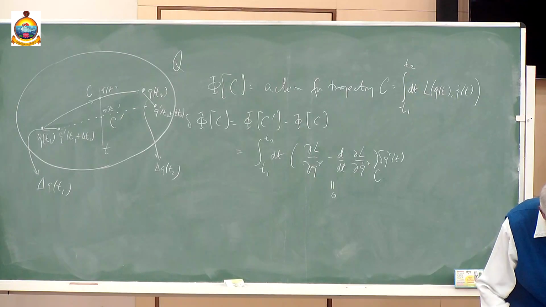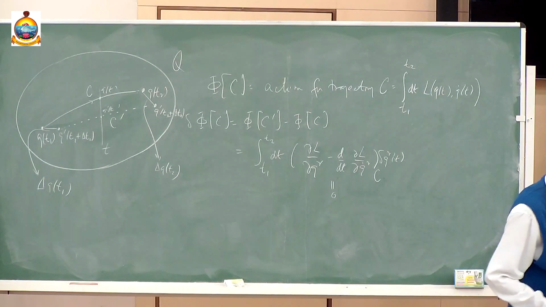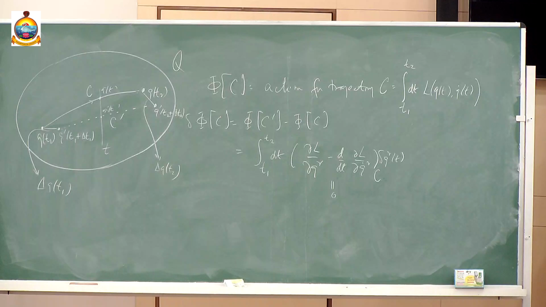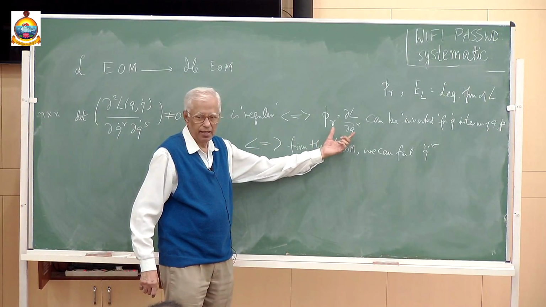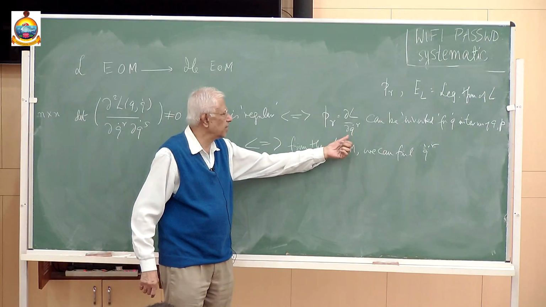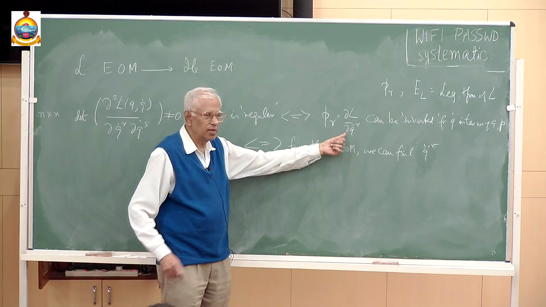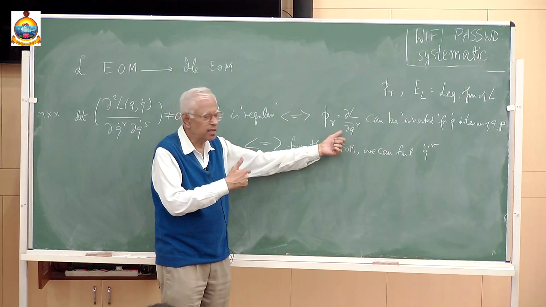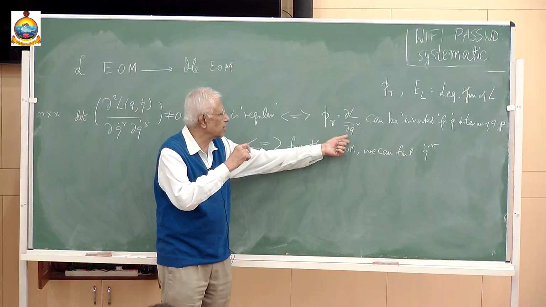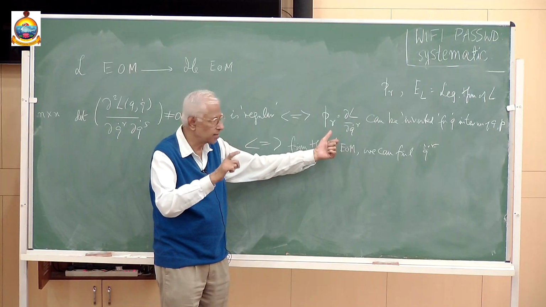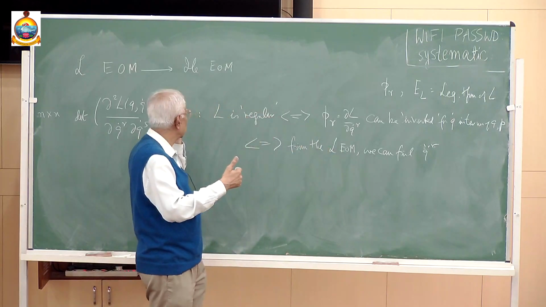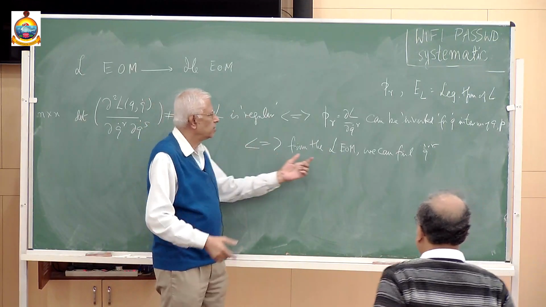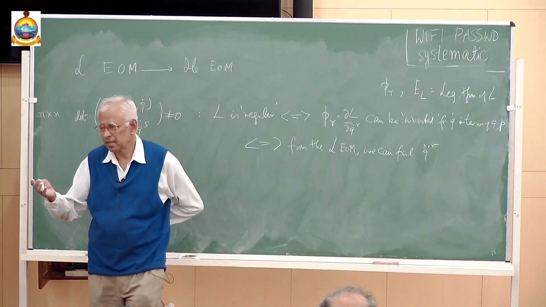What happens is that if in the Dirac sense the Lagrangian is singular, then this thing fails. You may define canonical momentum in this way, but you are not able to invert these equations. You are not able to express every q dot in terms of q and p. That fails. And at the level of the equations of motion, if this is singular, you are unable to find all the accelerations.